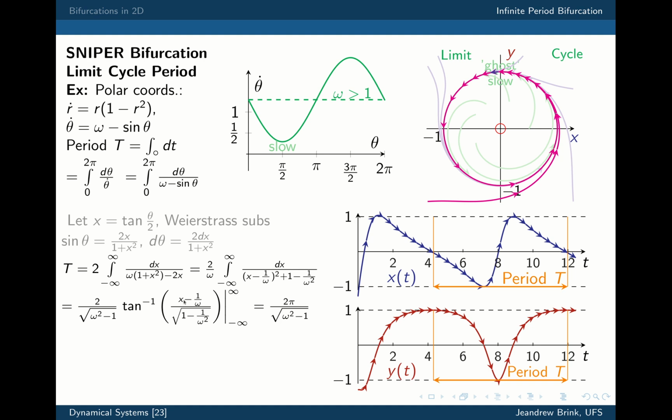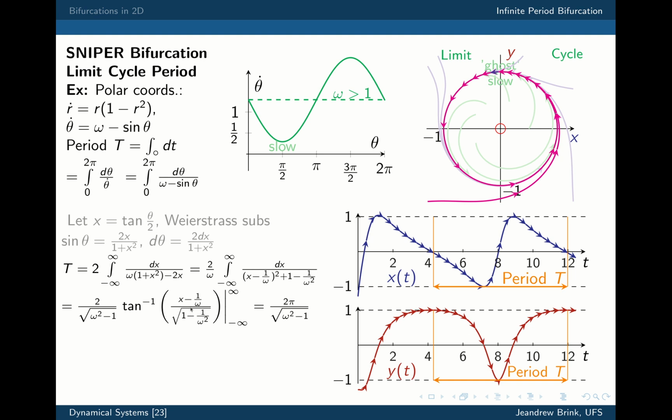And if we evaluate this at x equals minus infinity and infinity, we're left with simply that, if the argument is infinity, the inverse tangent is pi over 2.